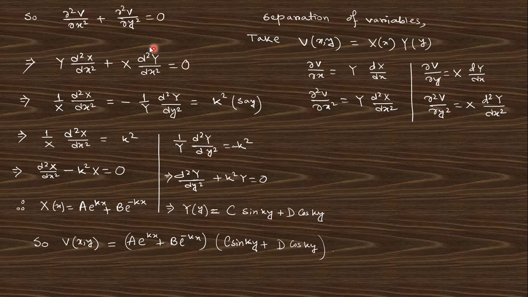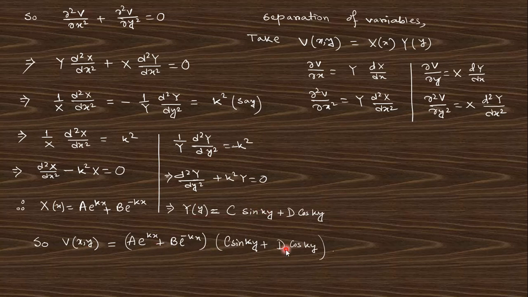So put these two expressions in this equation and divide by XY, and we get this equation with the separation constant, because this is a function only of x and this is a function only of y. So these two are separated out. That's why we can say this is the separation method and take a constant. So this will be k square, and this will be minus k square. So this gives you e to the power kx, e to the minus kx, and this gives you sine and cos.